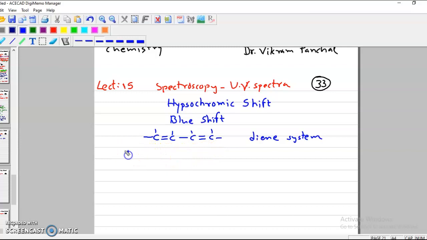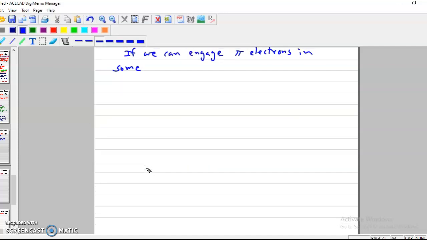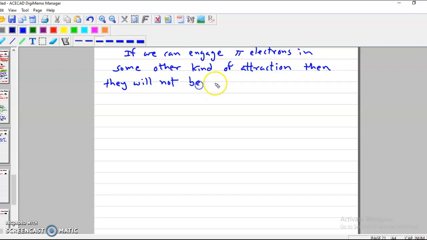If we can engage pi electrons, which show conjugation, in some other kind of attraction, then they will not be easily available for electronic excitation.